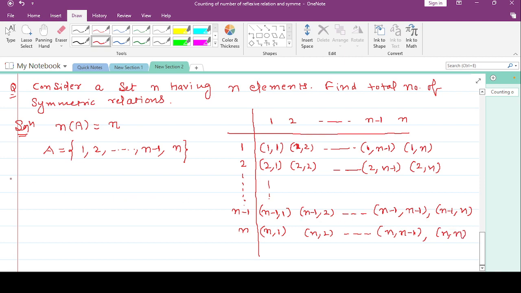Now, as we want to count the number of symmetric relations, suppose that we take this element.